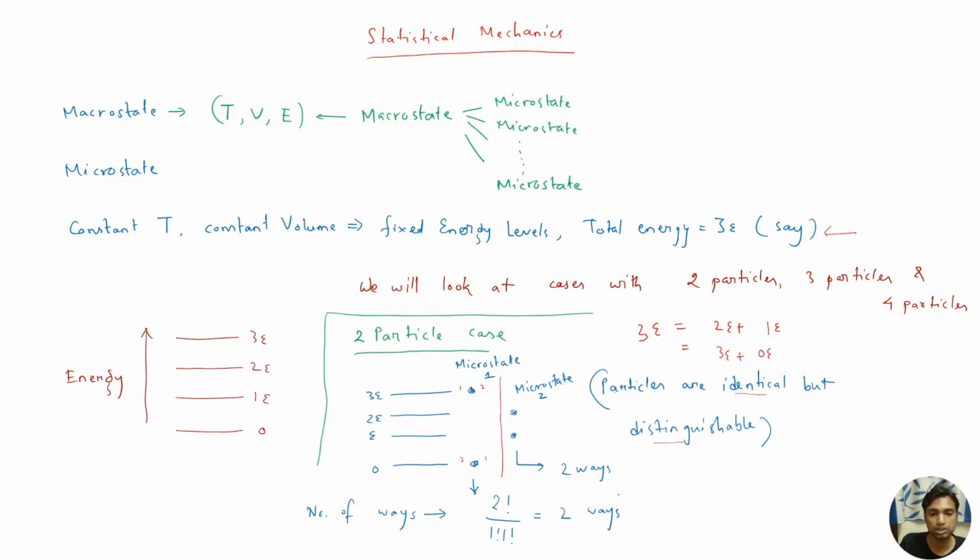Similarly microstate 2 can be obtained in two ways, and these two microstates correspond to the macrostate T, V and energy equal to 3e. The volume and temperature are also fixed. These 3 labels define the macrostate.